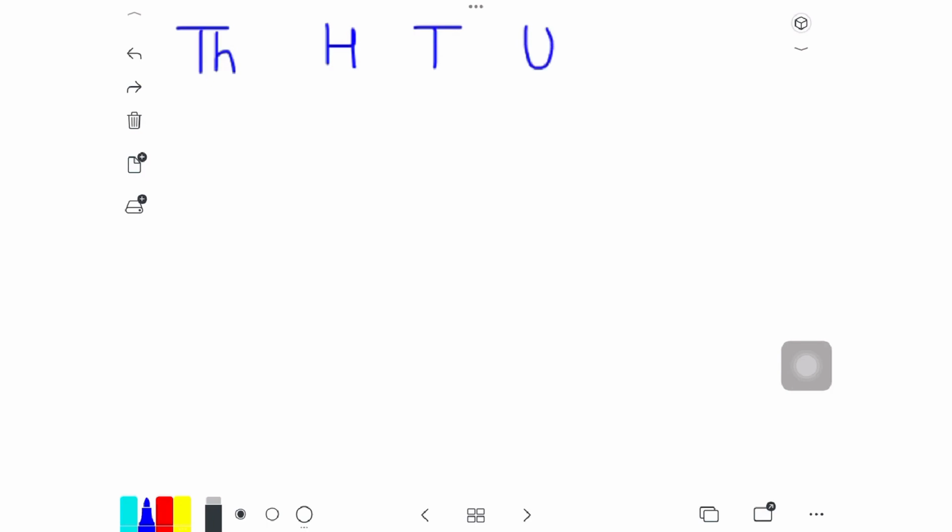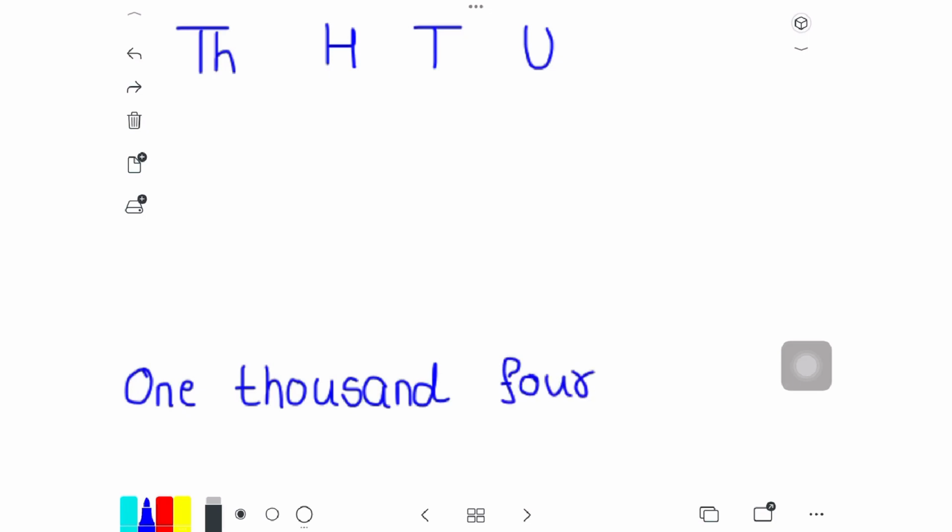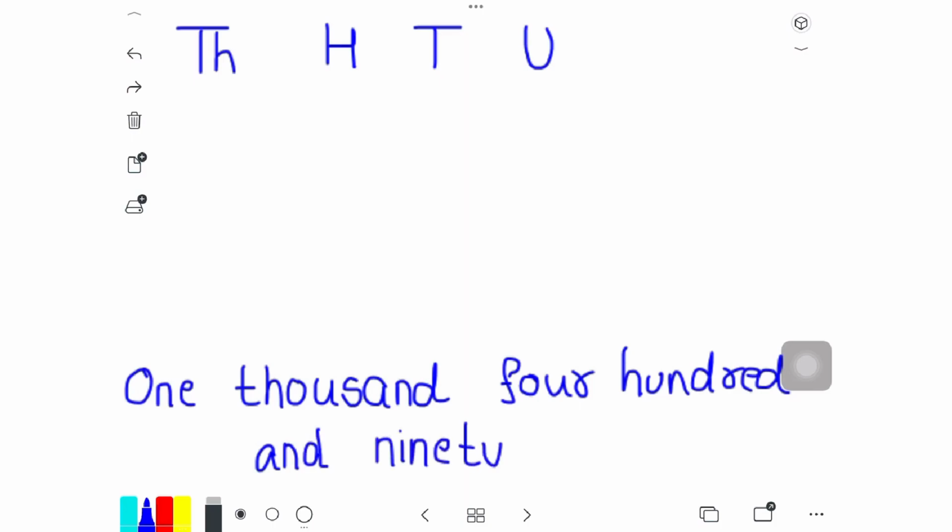We will then go on and write our number names. 1,492.